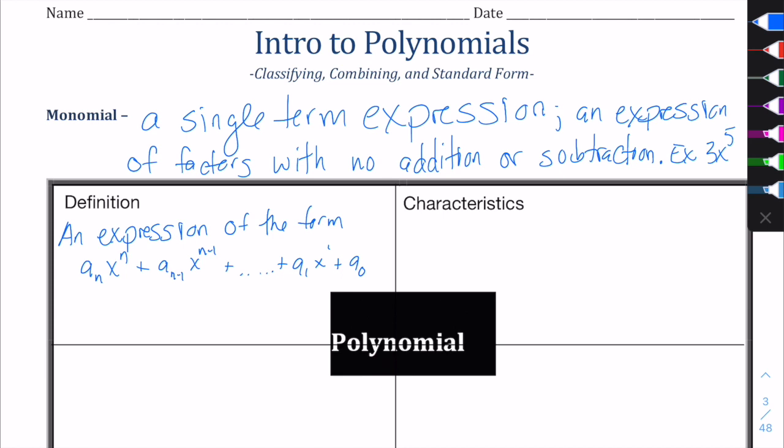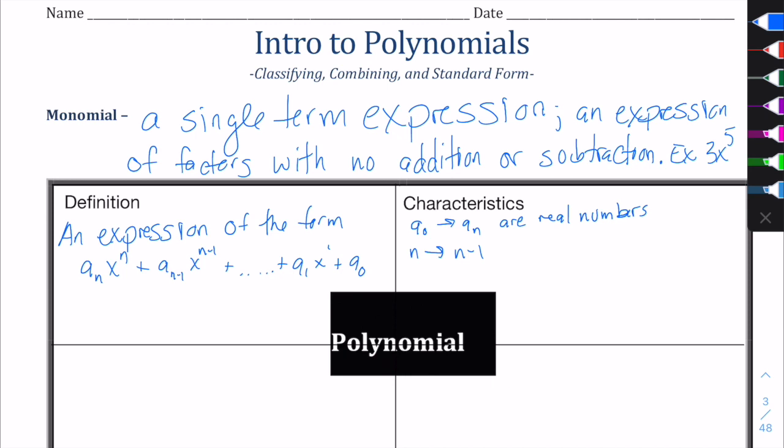The characteristics for this: a sub 0 through a sub n are real numbers. So that means fractions and decimals are allowed. Positive, negative, all allowed. Now, what are the conditions for the exponents, n through n minus 1?